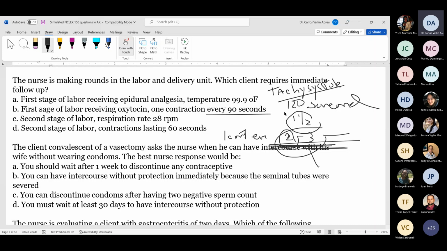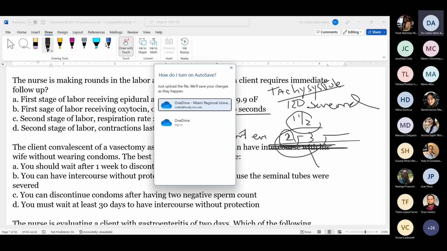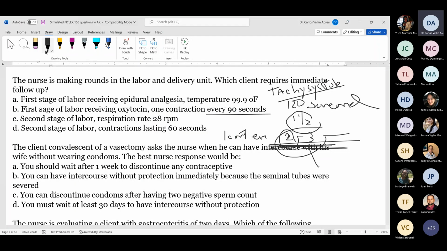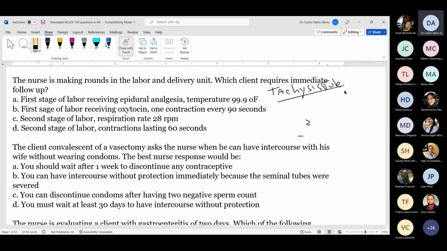The other consequence of having this tachysystole, these excessive contractions, is that the uterus can rupture, especially if the patient has a previous scar produced by a C-section, a cesarean section. So this is important. The other is that a contraction should not last more than 90 seconds. Okay, 90 seconds.